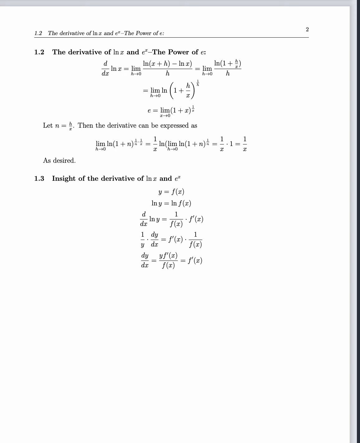Sometimes you get something like finding the derivative of 2 times ln of x plus 3. This one you cannot just multiply these two.